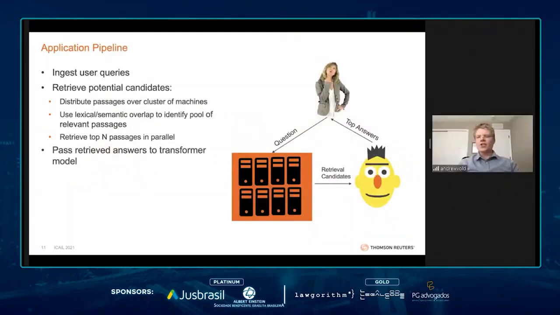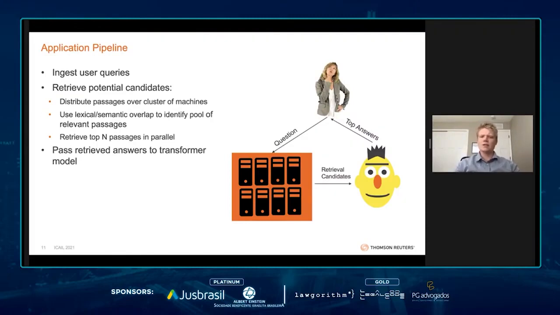So now the application pipeline. What that would look like is it ingests user queries. And oftentimes you have a lot of content, so instead of using a single machine, it's advantageous to use a cluster of machines. And because inferencing over passages can take a while with the transformer model, we don't want to run inference over all of the passages in our content.